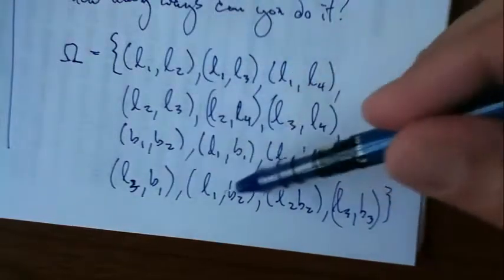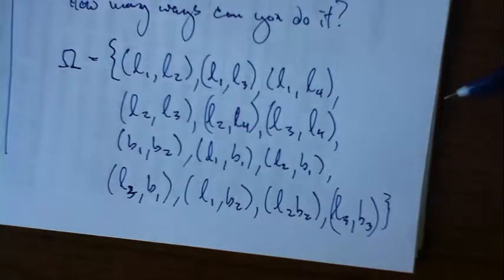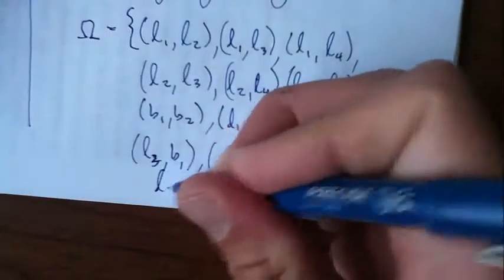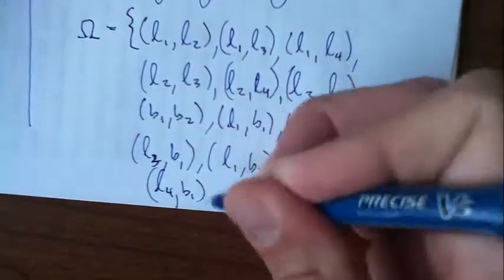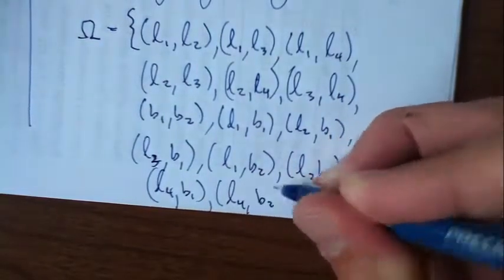There are 1, 2, 3, 4, 5, 6, 7, 8, 9, 10, 11, 12, 13. That's not right, is it? I don't think that's right. I think I've missed something. Oh yeah, because I didn't count for all the lions. I've got 4 lions, remember? I should have L4B1 and L4B2. There we go. 15.